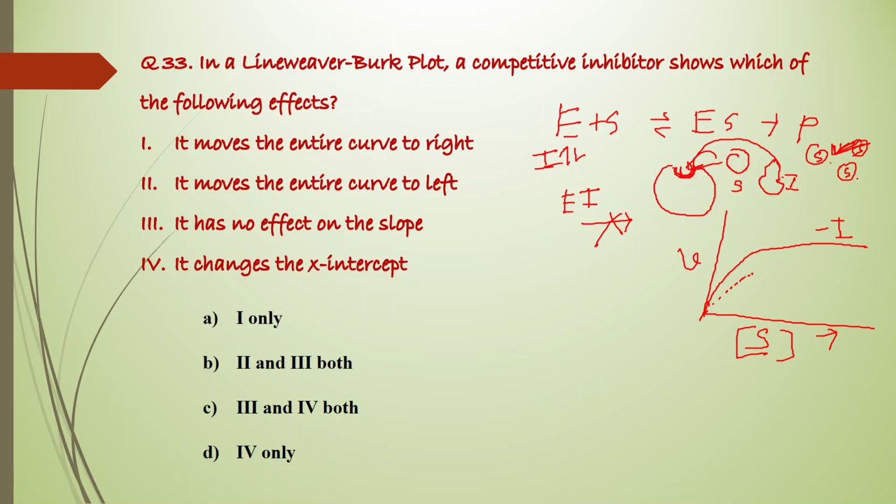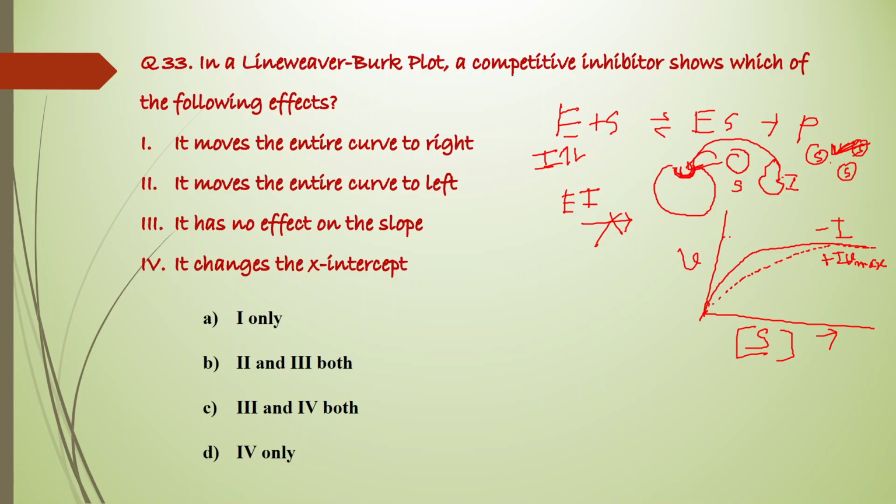And if you can achieve that at higher substrate concentration, Vmax can be easily achieved as well. So our curve will look something like this. Initially there was a decrease because of the binding and forming EI, but eventually with increase in S concentration, the Vmax will be reached. This is the line for plus I, or with competitive inhibitor.